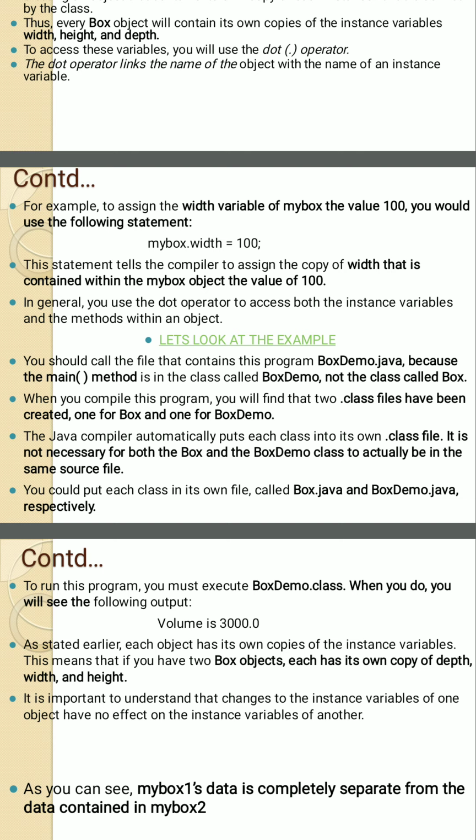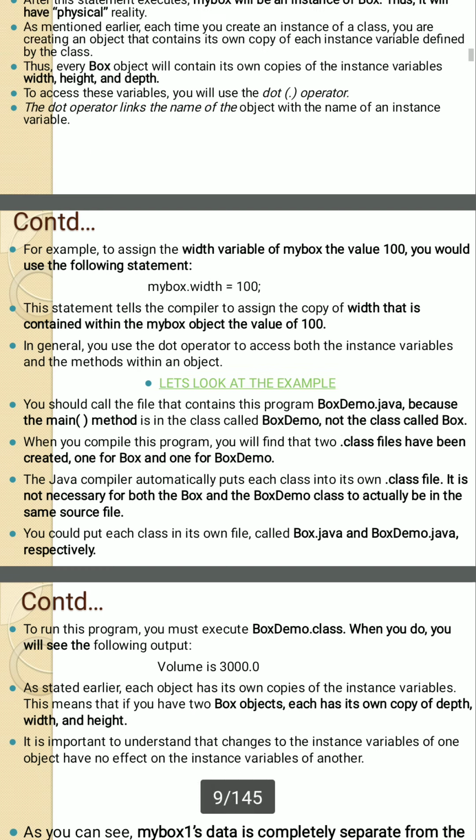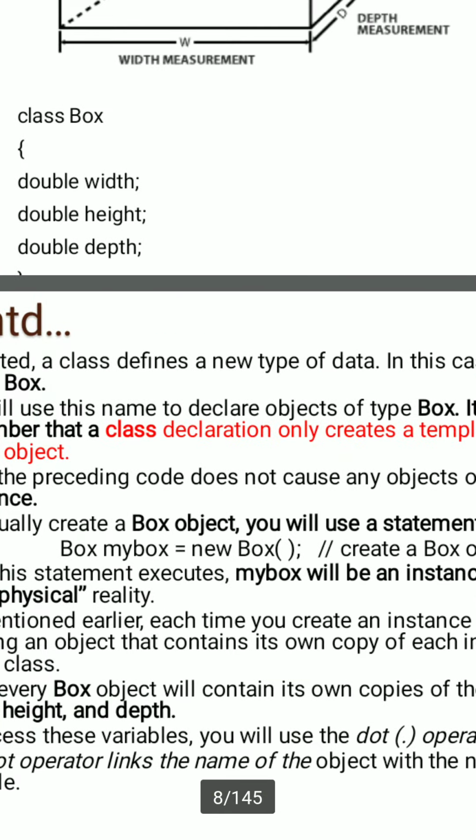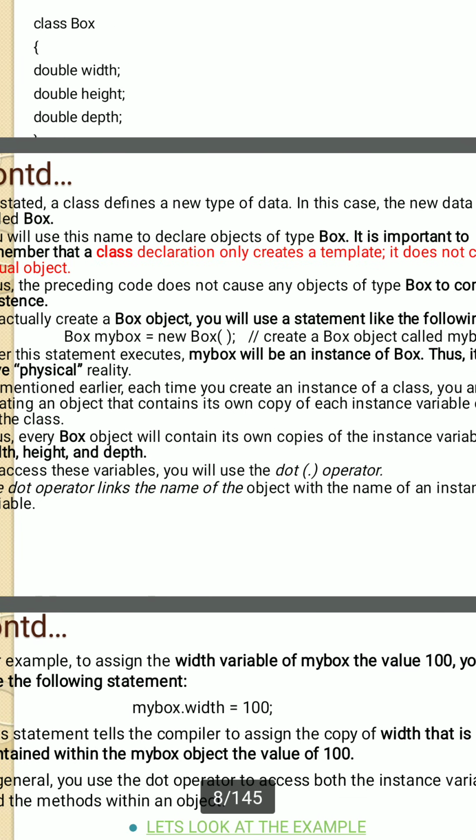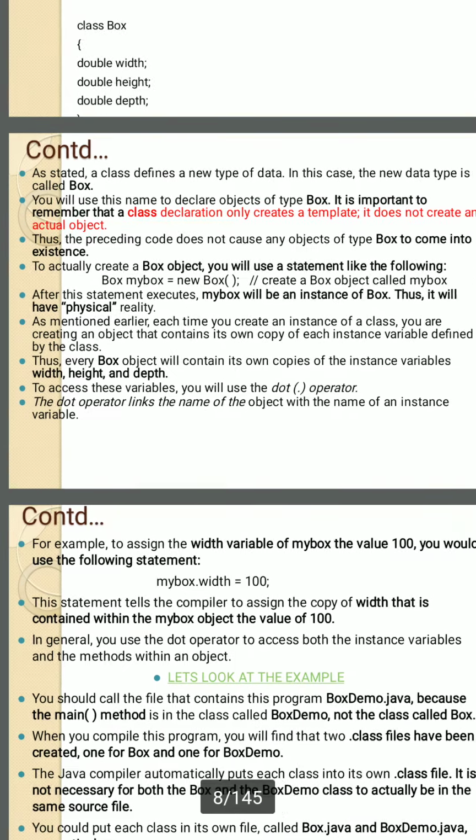We know how to compile a program: javac followed by the file name .java, javac BoxDemo.java. After compiling, we have the .class files. In this example, we have two classes. One is the Box class. The other is BoxDemo, in which the main method is there.